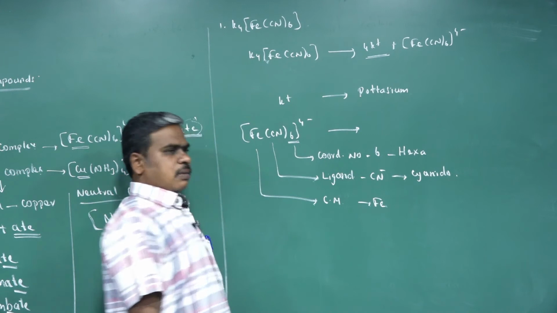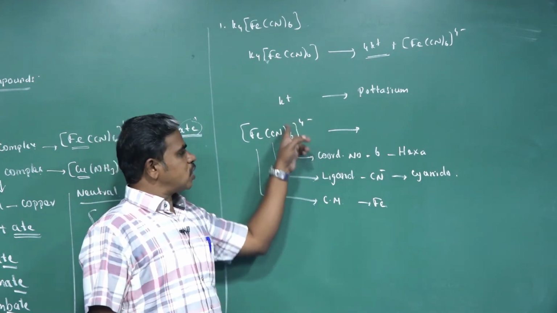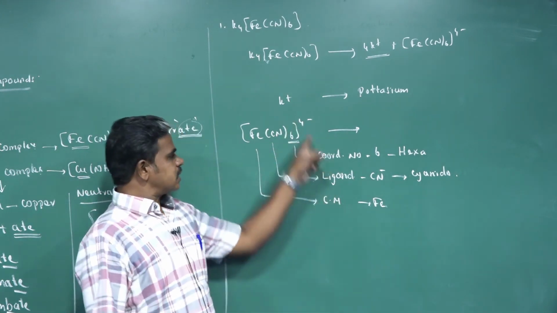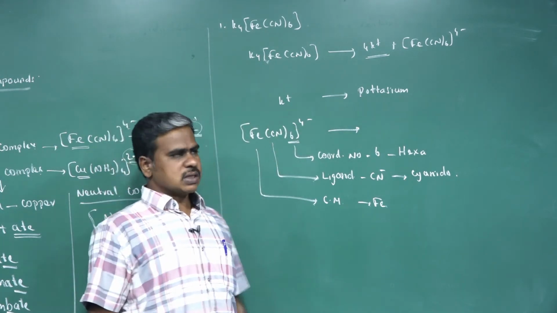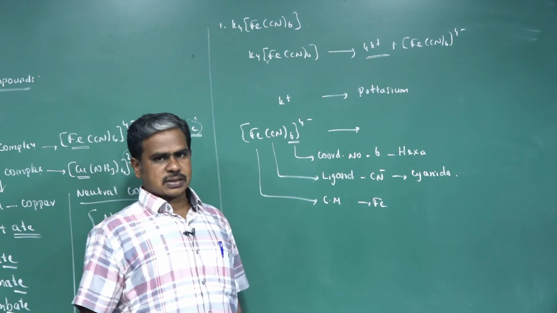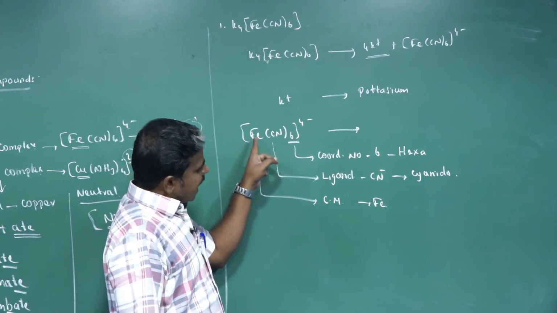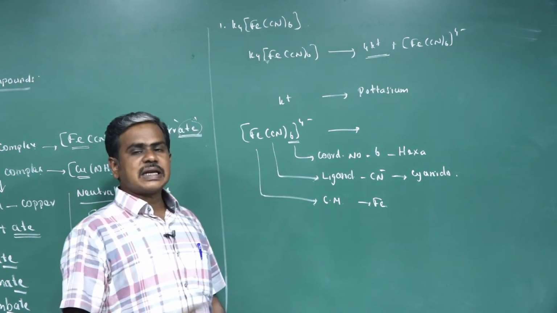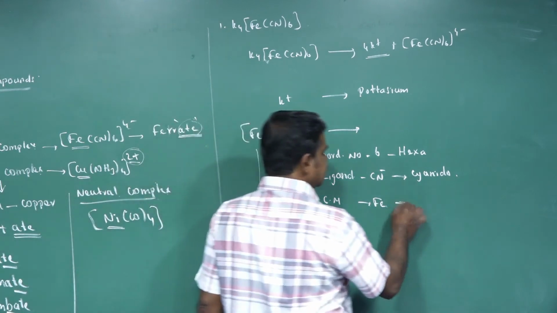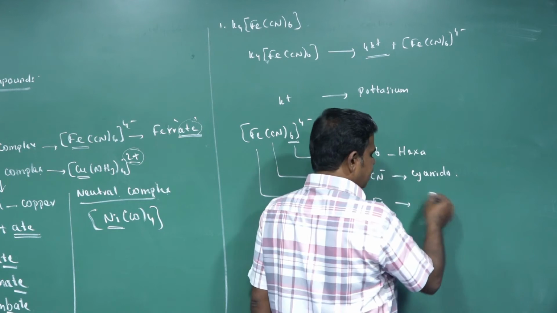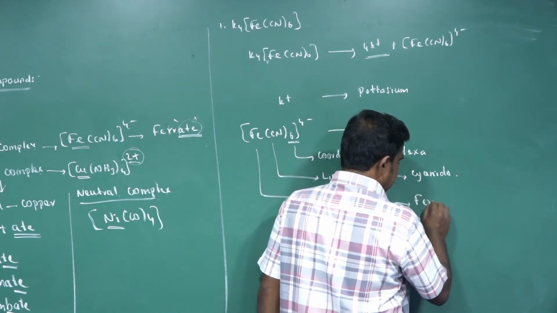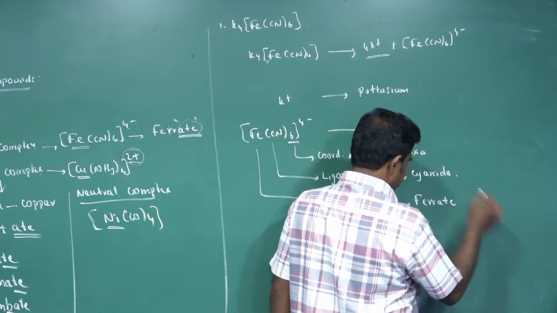For naming it we consider the charge. It is a negative charge. What is the meaning of negative charge? Anionic complex. If it is an anionic complex, the central metal atom takes the element name with -ate, so it is ferrate.